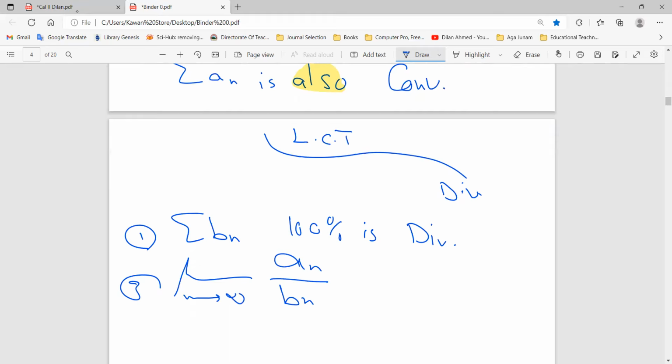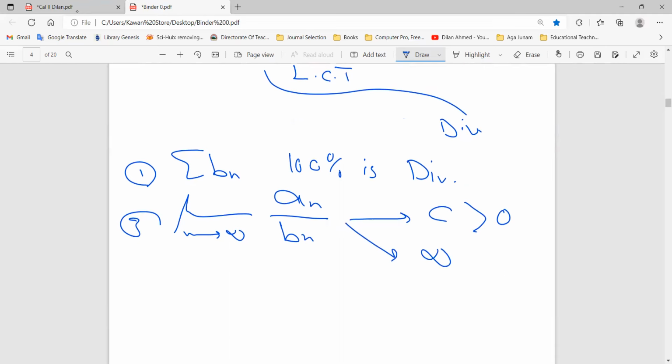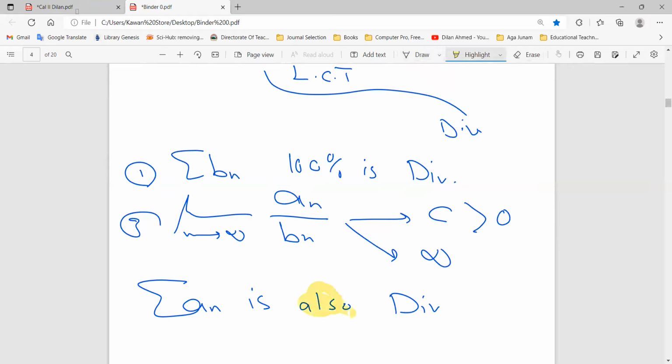Again, if you get C greater than 0 or infinity, in that case you say what? An is also diverge. Why also? You know why. Because we have Bn before. That's why we say it is also.